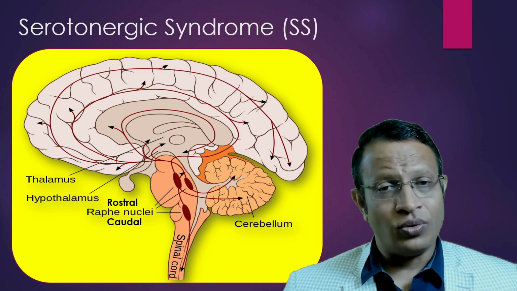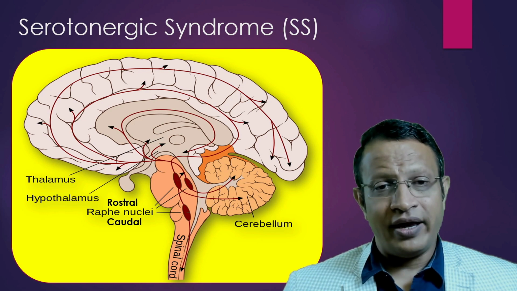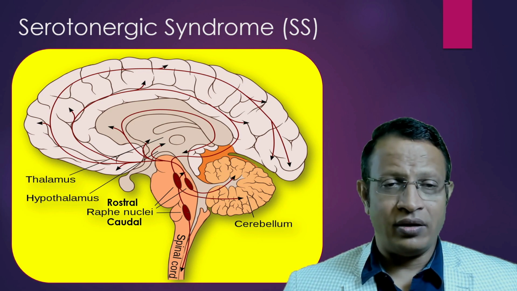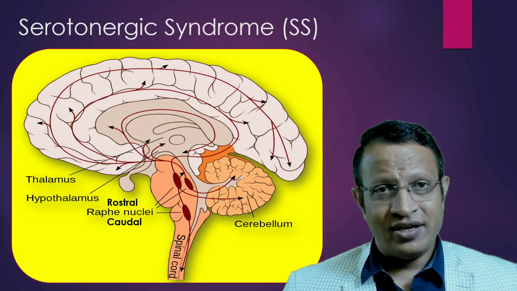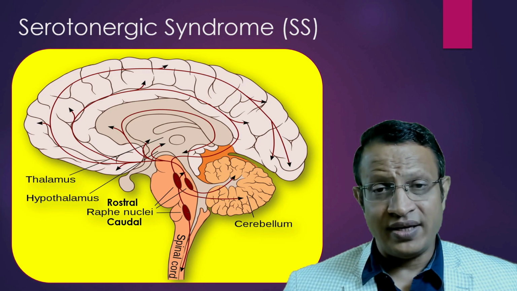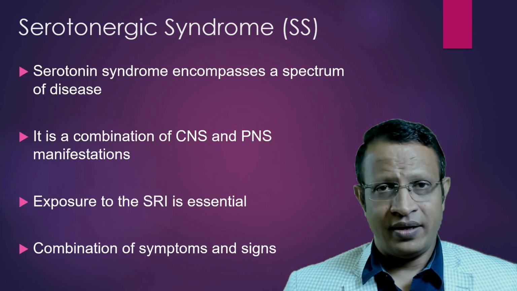Further, it also projects into the cerebellum. The caudal raphe nuclei project into the spinal cord. Both rostral and caudal are interconnected. That means serotonergic pathways are present across the central nervous system.